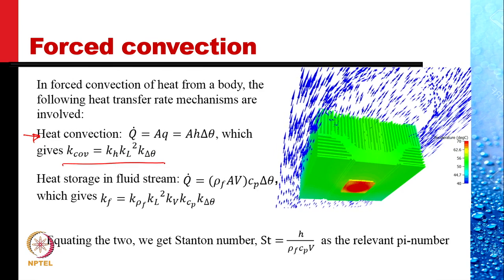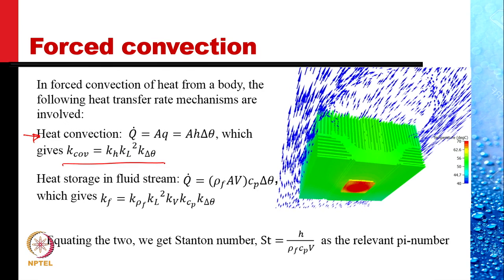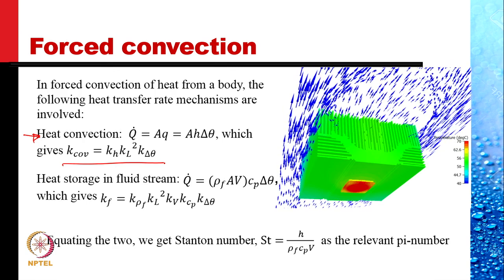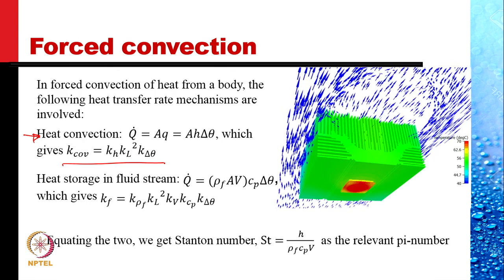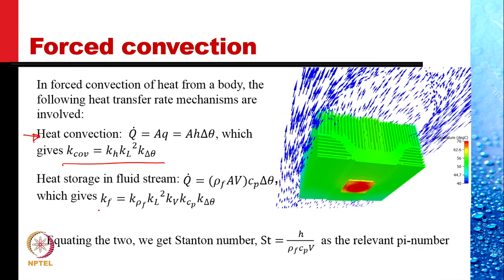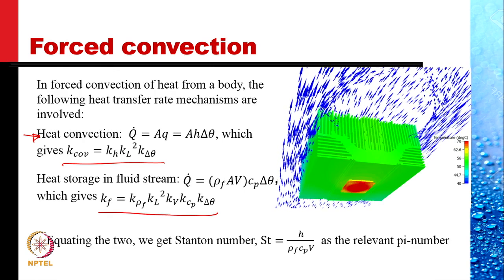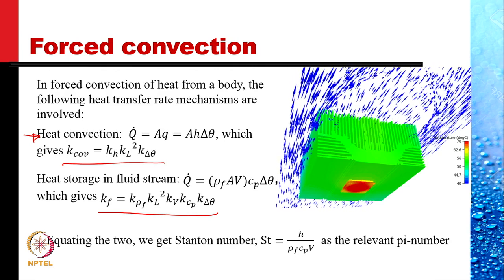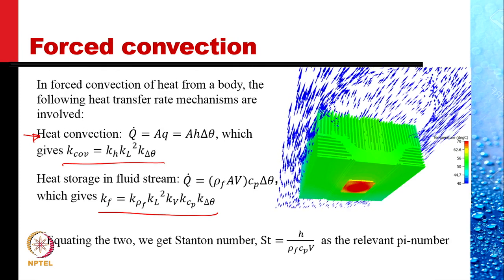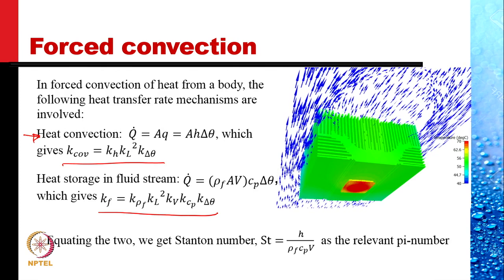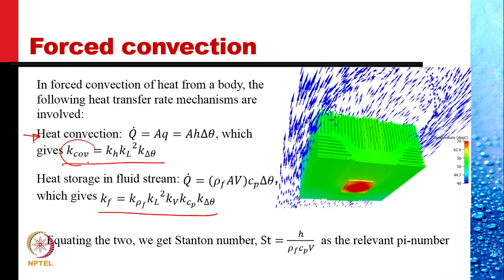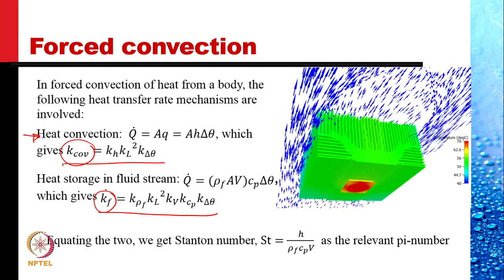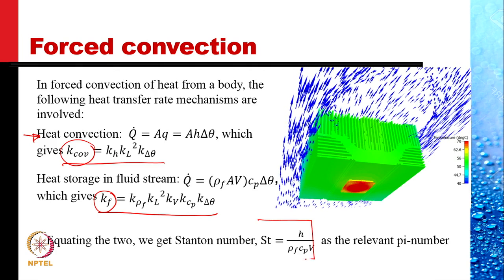Heat storage in a fluid stream: the fluid is picking up the heat and is getting heated up, so that we have for the heat storage in the fluid stream this scale factor obtained earlier in this lecture. Equating the two, K convective and K fluid stream, we get the Stanton number, that this is a relevant pi number.